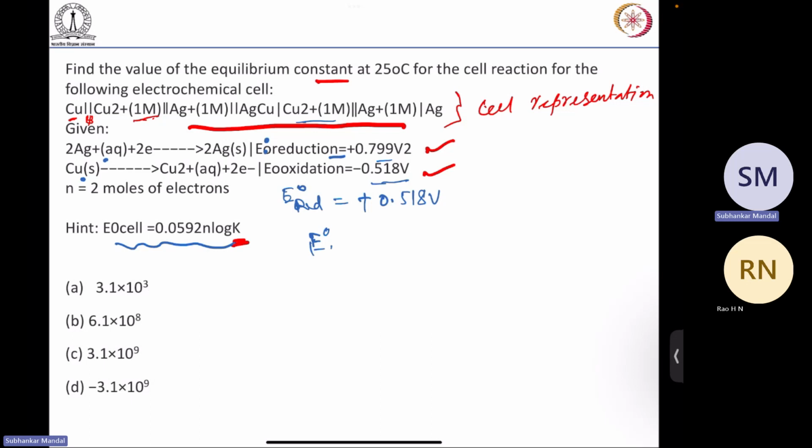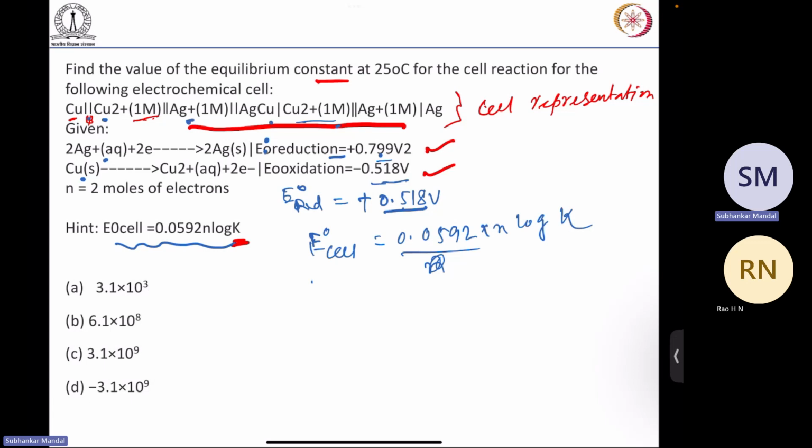So E naught cell is equal to 0.0592 divided by n, into n log of k. So if you see this equation, Ag is going to Ag plus.